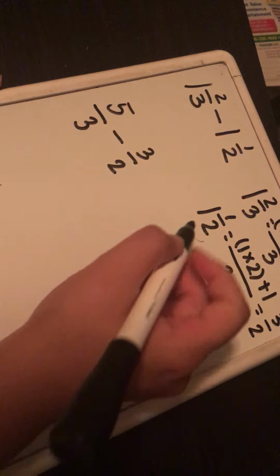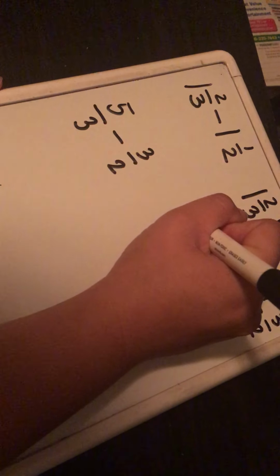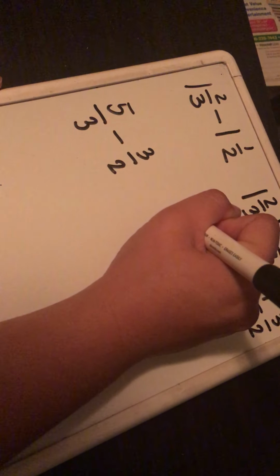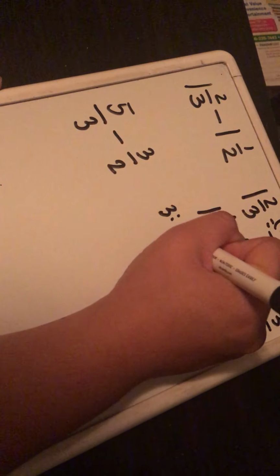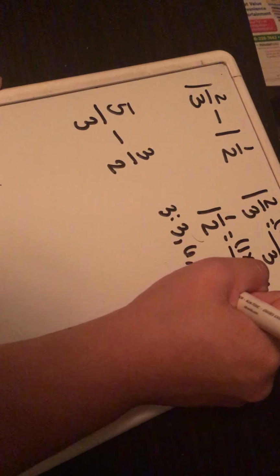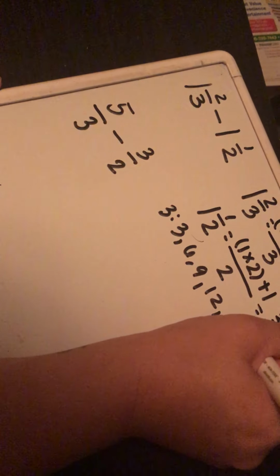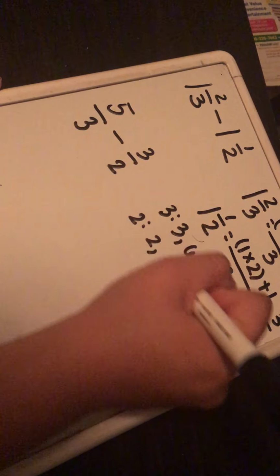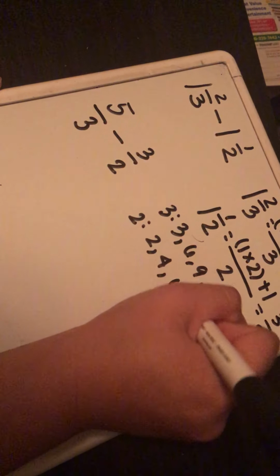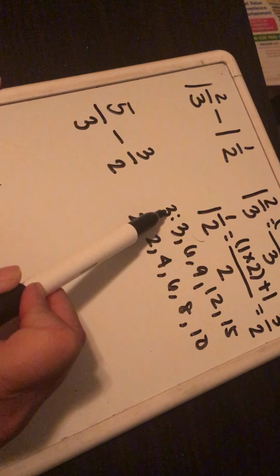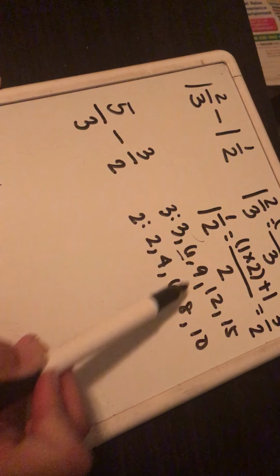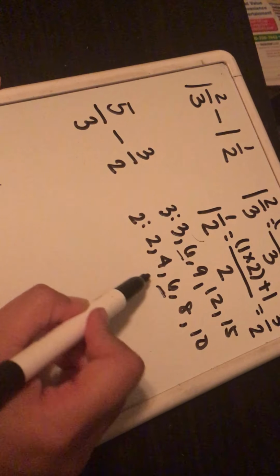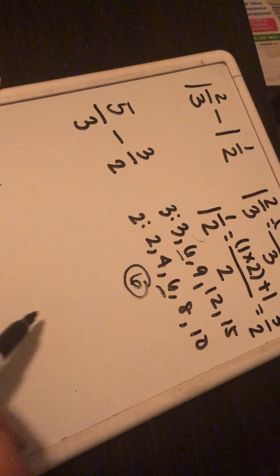So let's list out the multiples of 3 and 2. Starting with 3: 3, 6, 9, 12, 15. And the multiples of 2: 2, 4, 6, 8, 10. As you can see, the one number that 3 and 2 have in common is 6.